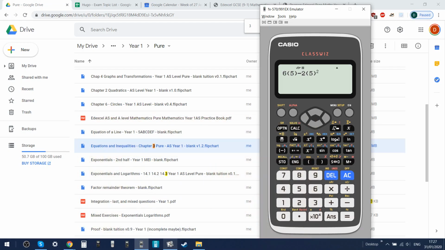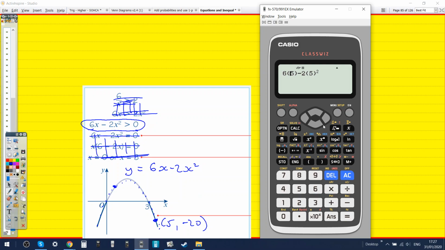We already found one of them, and that was when x was 1. Okay. So x can't be 0 and 3 if it gives you exactly 0. True. We want when it's greater than 0.